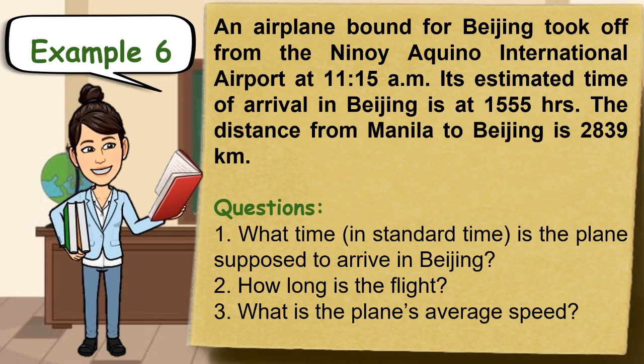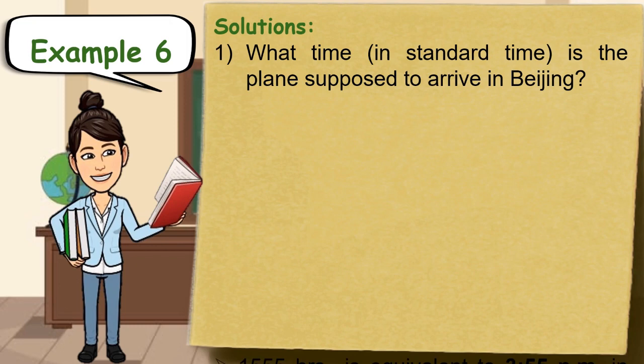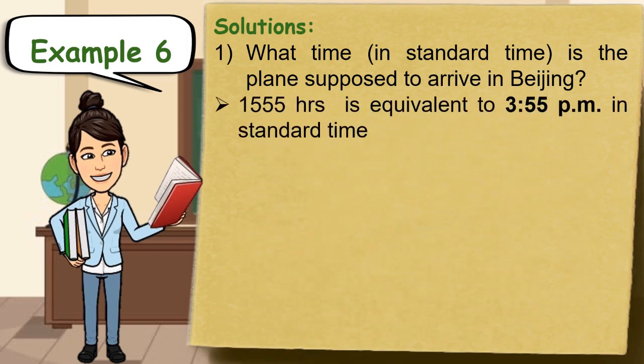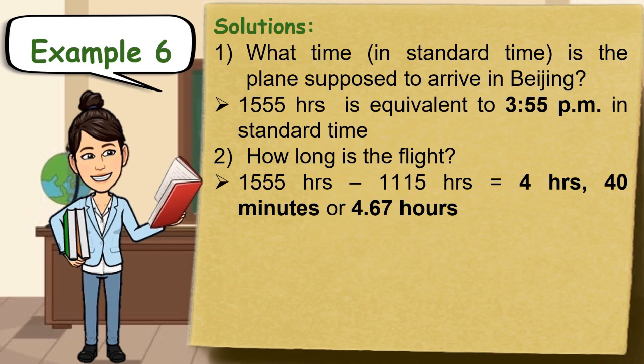Here are the solutions. For number 1, 15:55 hours is equivalent to 3:55 p.m. in standard time. For number 2, 15:55 hours minus 11:15 hours is equal to 4 hours and 40 minutes or 4.67 hours.